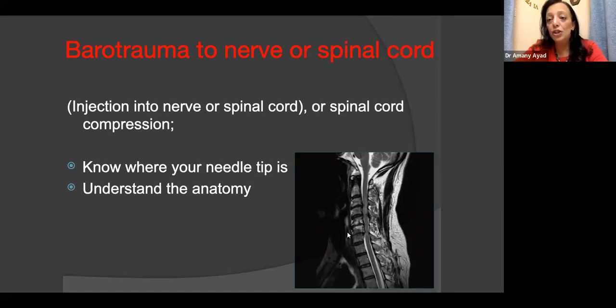If you have a patient with multiple discs, multiple compression, maybe myelopathy in the spinal cord, your eyes should pick that up. There is no need to inject epidural here, because you might add to the compression that is already happening. I mean, a very small volume in an already very narrow space can cause this barotrauma.